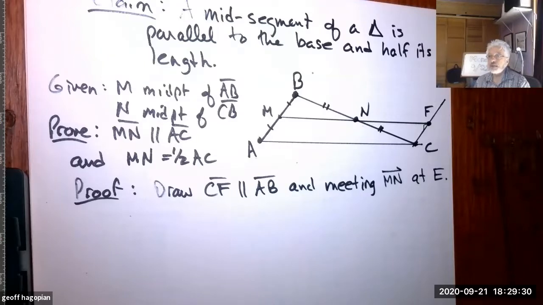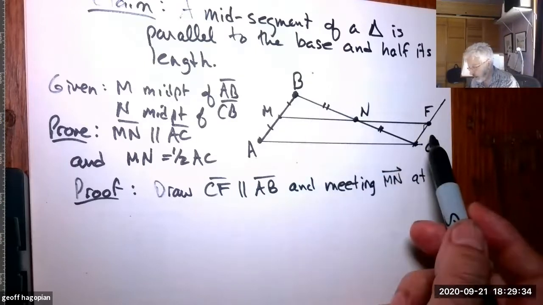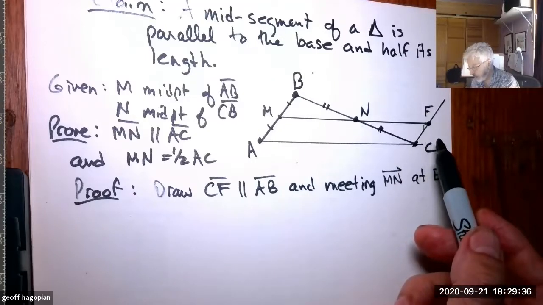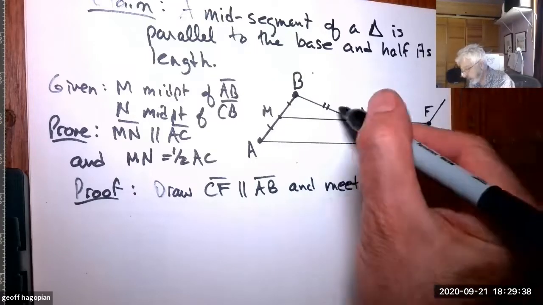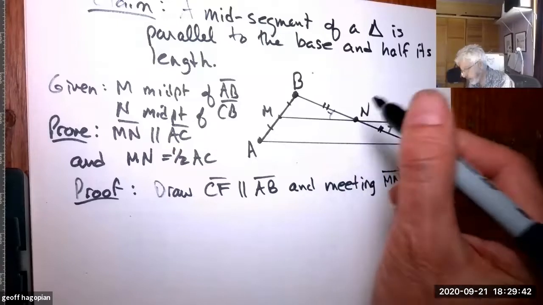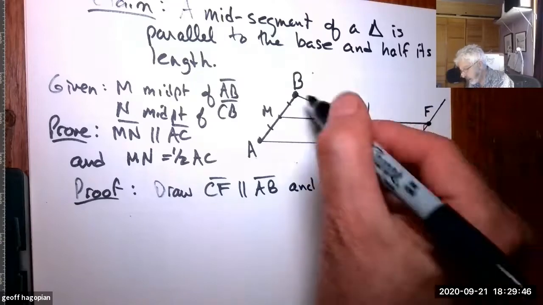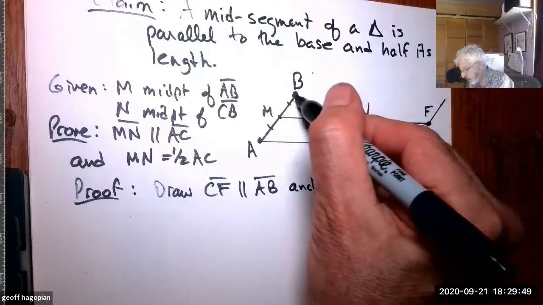All right, so now what have we got? Well, the plan is to prove that these two triangles are congruent. Do we have enough to do that? Yeah, I know that these are vertical angles. And I know that these are alternate interior angles.